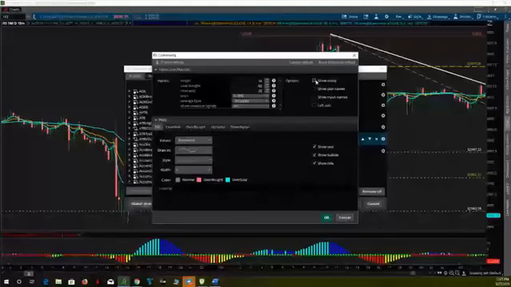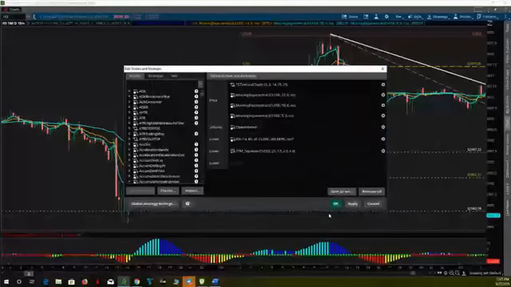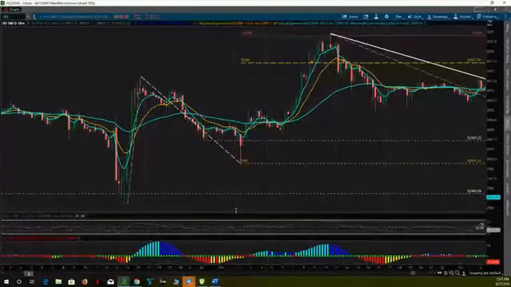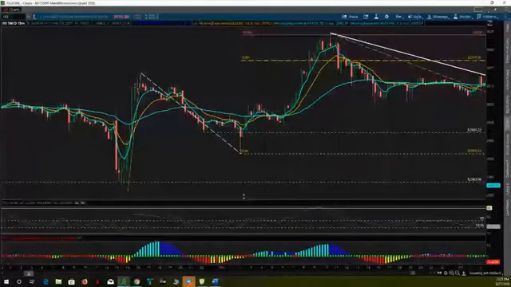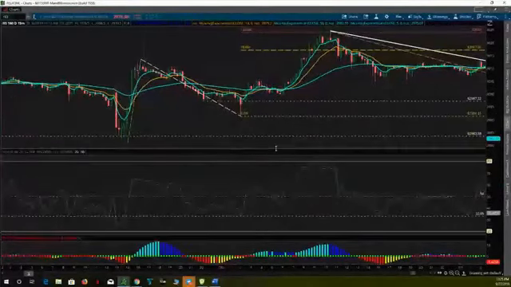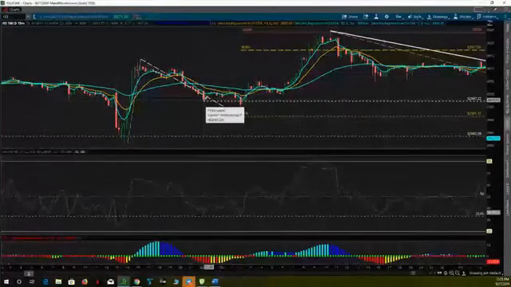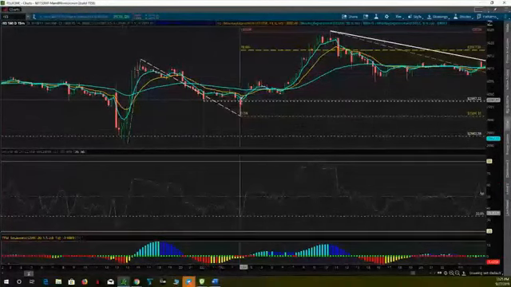I deal with RSI a lot. I want to show you something here that I look for as we go down and as we go up. All right, we went down, we came up here, we're down here. Now I want this not only because it comes back up there, but notice this RSI.